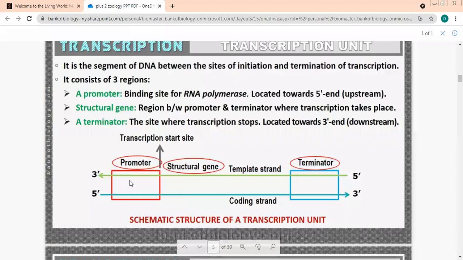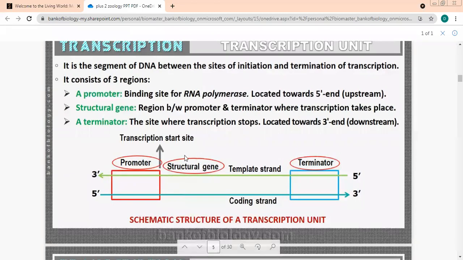Now, where is it located? It is located towards the 5' end, upstream. If we talk about the upstream, then this one is towards the 5'. So for the promoter region, number one, this is the binding site for RNA polymerase, and it's located towards the 5' end upstream.